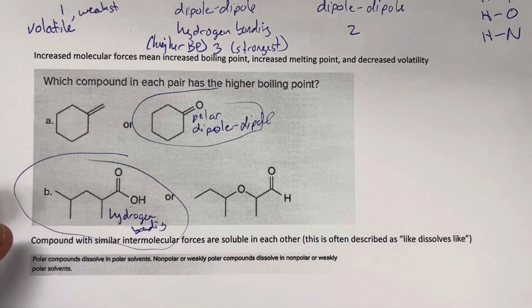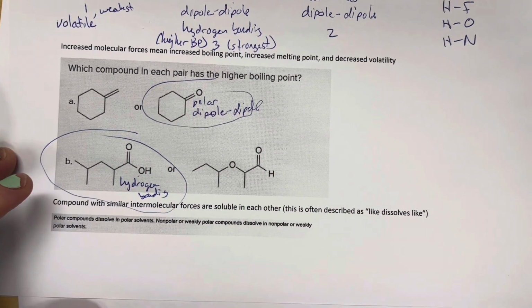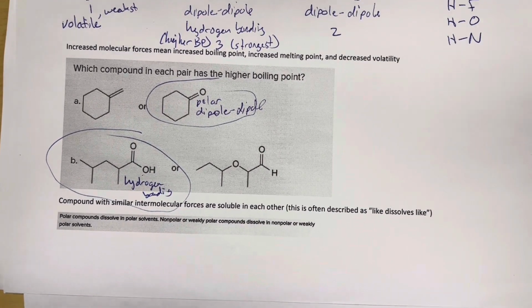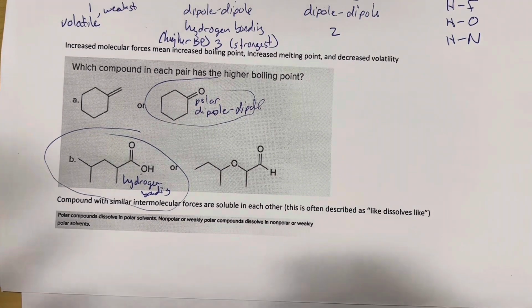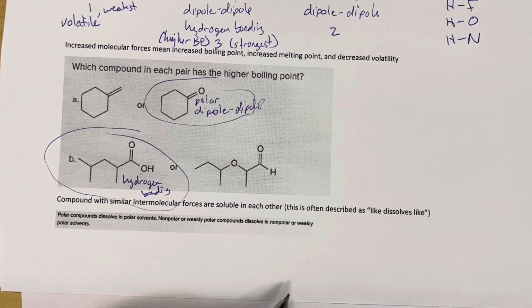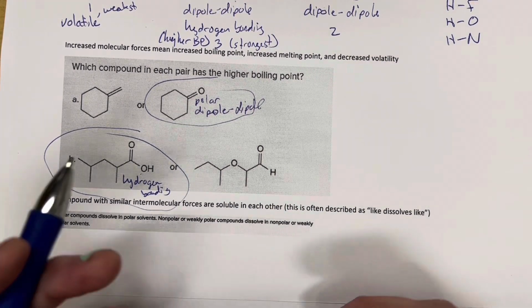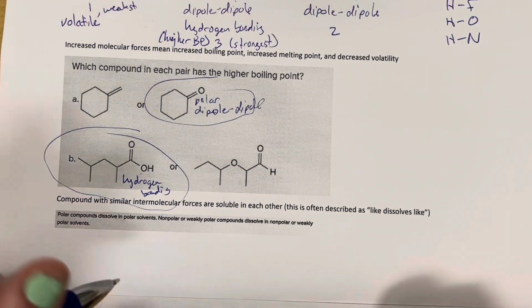Some other things to think about that help us when we're talking about functional groups, as well as interactions. Things with similar intermolecular forces and even similar functional groups, like an alcohol and an alcohol, are going to be soluble in each other. In other words, polar compounds like polar solids will dissolve in polar solvents.